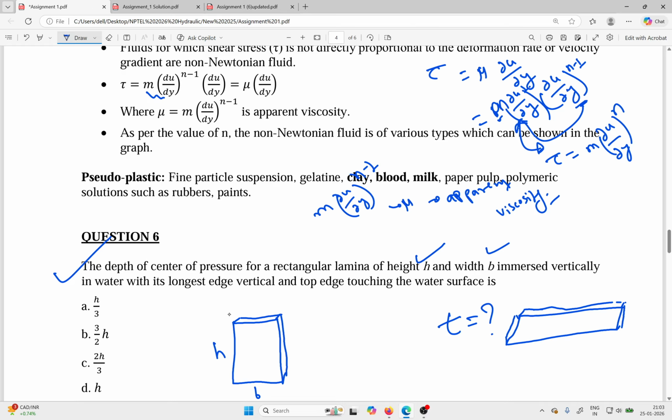Hope you understand what thickness I'm talking about. So this type of body is known as a lamina, meaning h and b are very, very much greater than t.